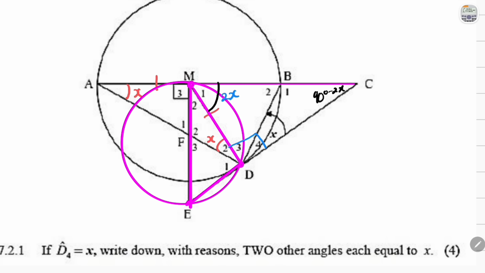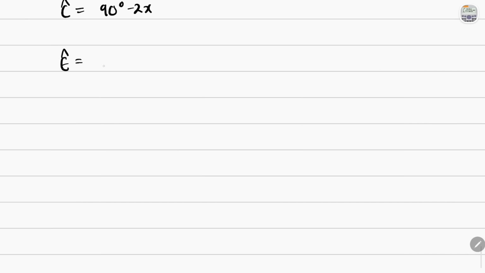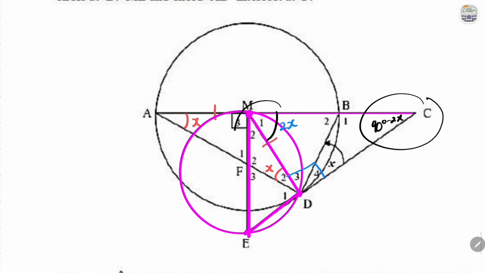And now that that is 90 degrees minus 2x, using this larger triangle, we can see that this is 90 degrees minus 2x, this is 90 degrees, and so we can find angle E. Angle E is equal to 180 degrees minus that 90 degrees minus 2x, and then minus 90 degrees, because that is a 90-degree angle since we have 90 degrees next to it.